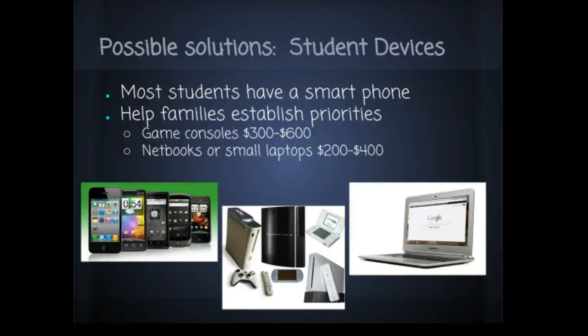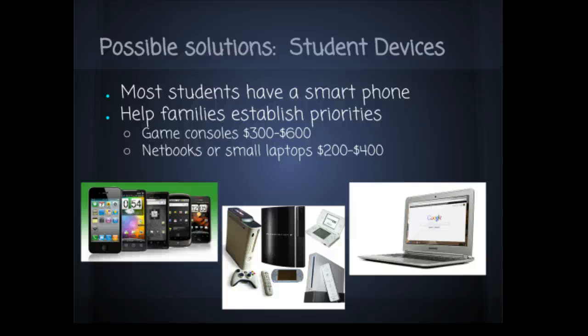Our next one is student devices. And I said before, most of our students have some kind of a smartphone. It might not be the latest and greatest, but anymore, even students in the poorest neighborhoods, you'll see with a cell phone because they've made that a priority. So think about all the game consoles that kids have.